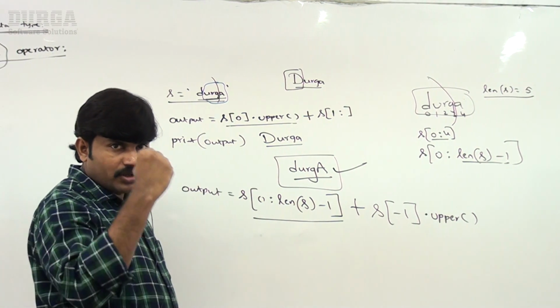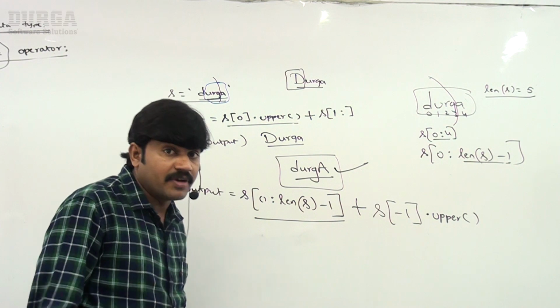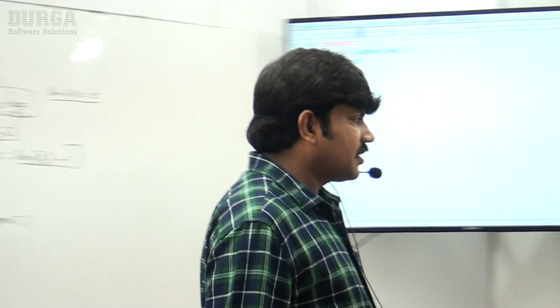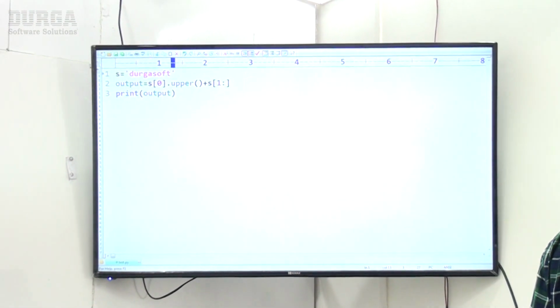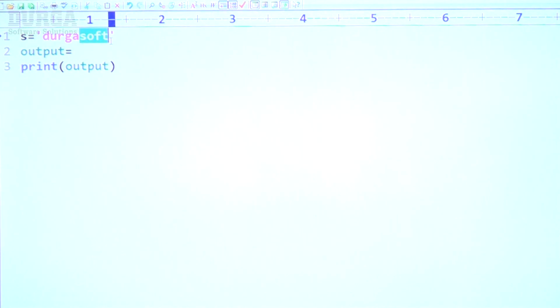I want an output string where the last character should be converted into uppercase. Let me consider, have a look once. Last character should be uppercase. Durga.